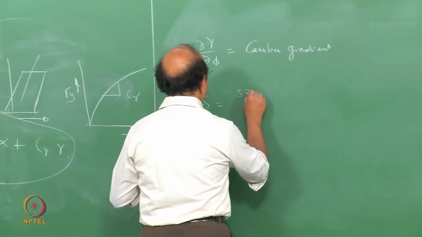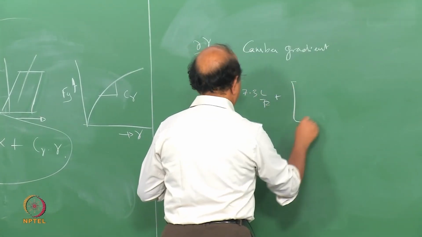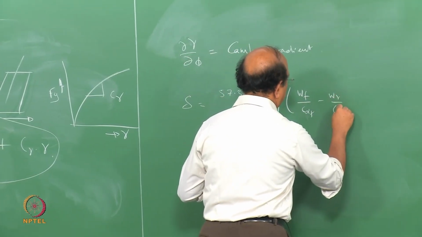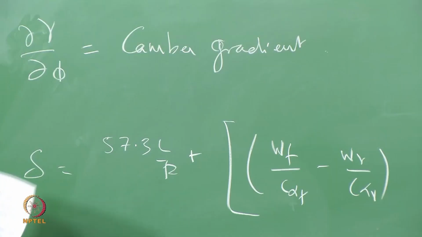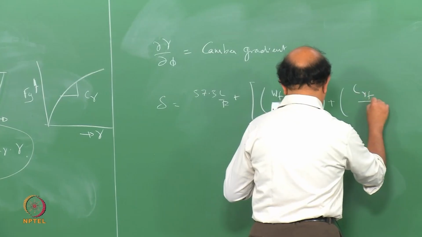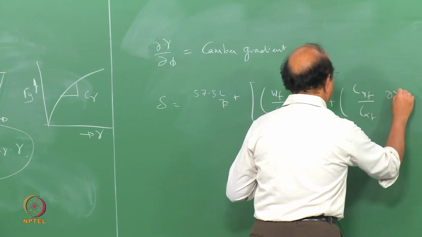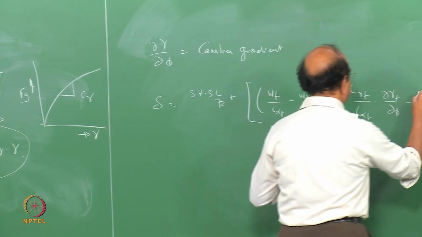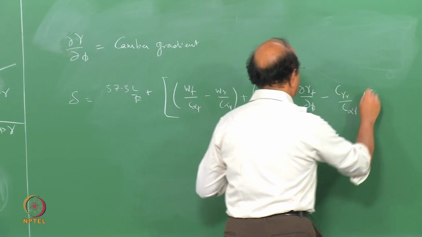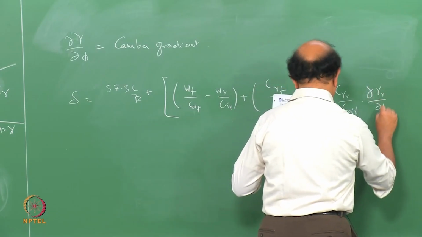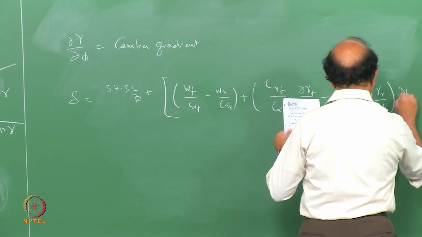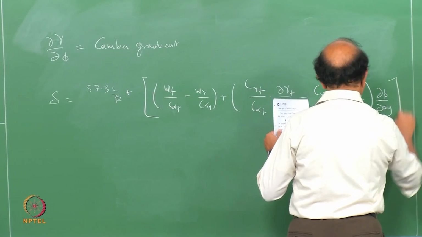So that would become 57.3 into L by R by C alpha F, of course, this is our good old tire understeer gradient, plus C gamma F by C alpha F into dou gamma F by dou phi, minus C gamma R by C alpha R into dou gamma R by dou phi, the whole thing multiplied by dou phi by dou AY into AY.